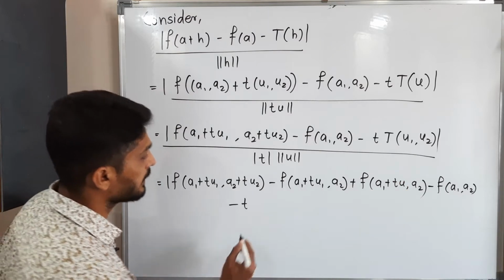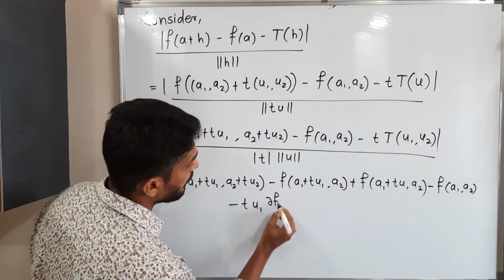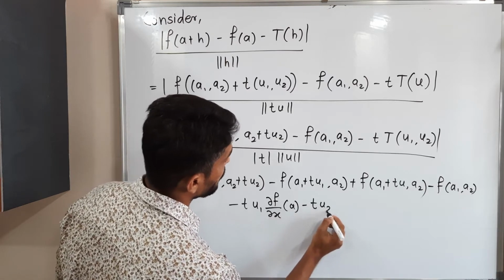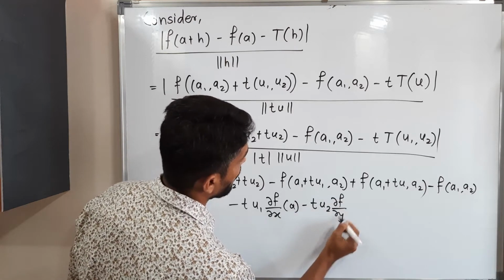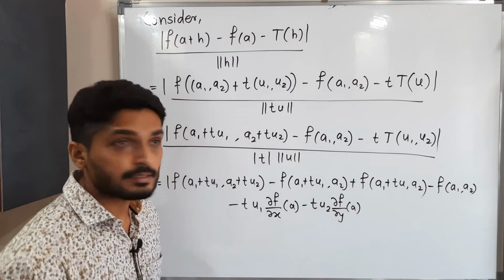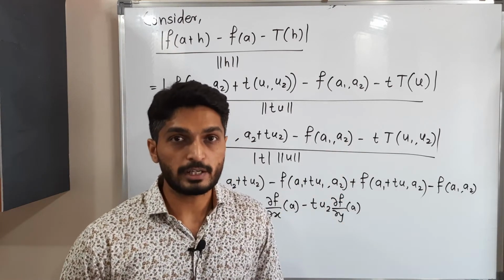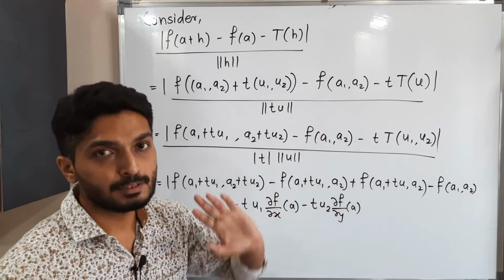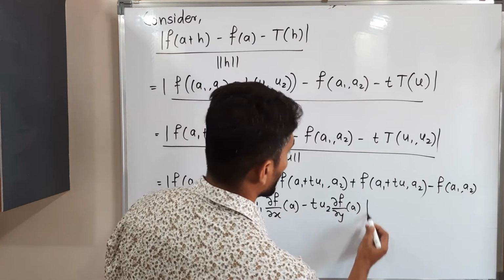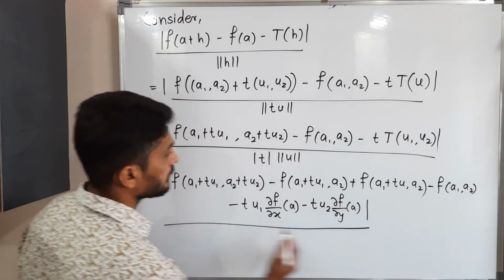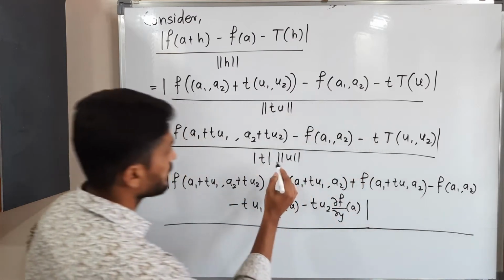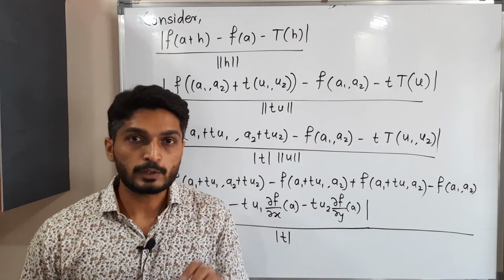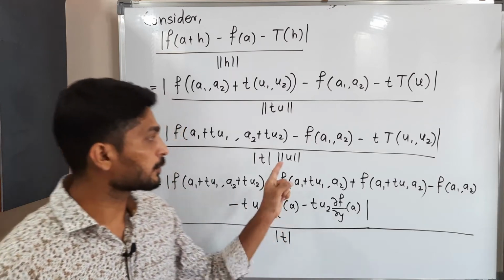So by that definition we will have minus t u1 times the partial derivative with respect to x at A minus t u2 times the partial derivative with respect to y at A. I wrote minus here because there is a minus sign outside, so the sign changes, and I multiplied both by this small t, divided by mod t. u is a unit vector, so the norm of u is 1, so I could replace it by 1.